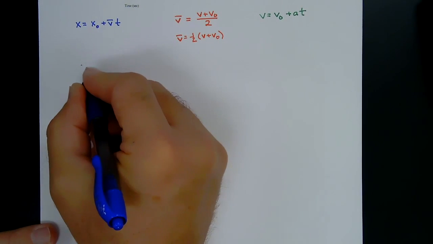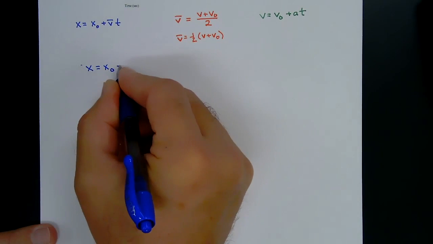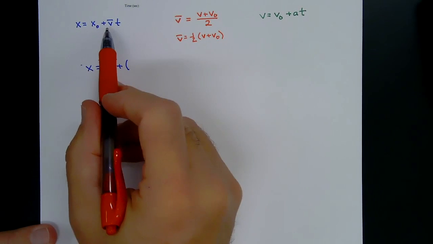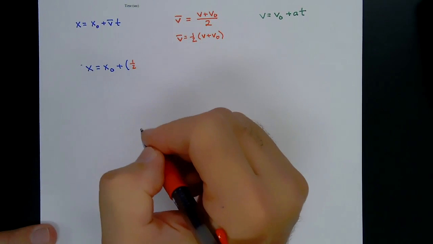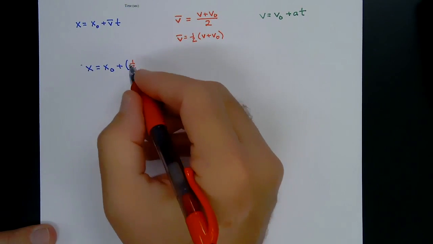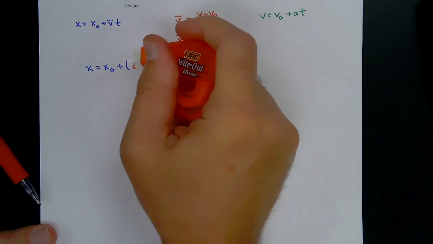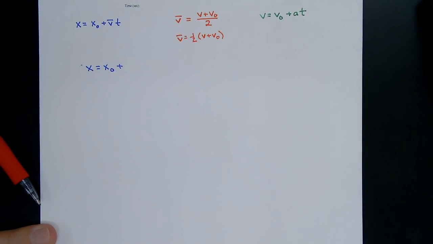So that means that x is equal to x sub o plus... actually, hold on. Let me start again with this. I just didn't like the way I was writing it.